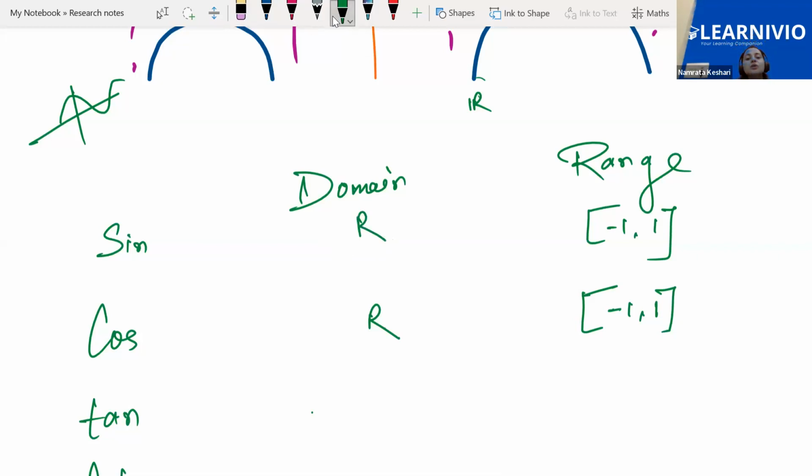This is also R. Tan is all real number only we want to take, but since tan means sine by cos and cos is 0 at odd multiple of pi by 2, that we need to exclude from R. Range for tan function is all real number, or minus infinity to infinity.